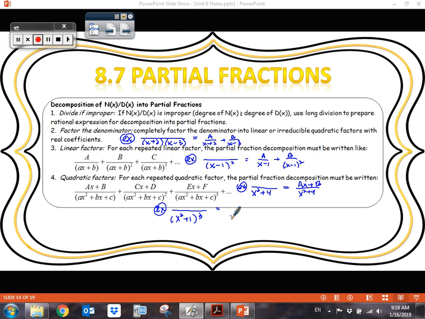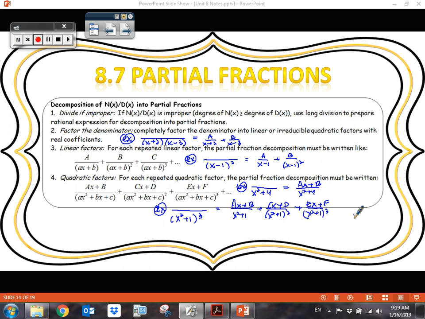Okay, so we would break that apart to be Ax plus B over x squared plus 1, plus Cx plus D over x squared plus 1 squared, plus, and then Ex plus F over x squared plus 1 cubed. And those are just examples of the expansion. How do we expand the big fraction into little bitty fractions? That's the patterns that we use. Okay? Questions on that?